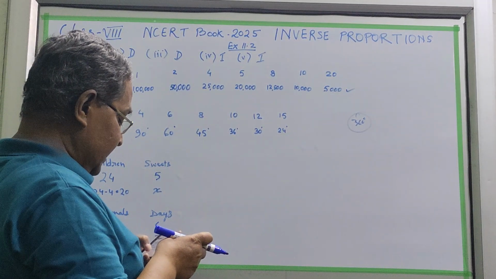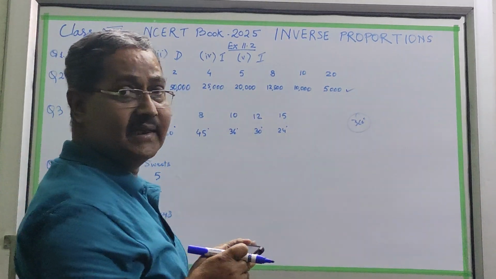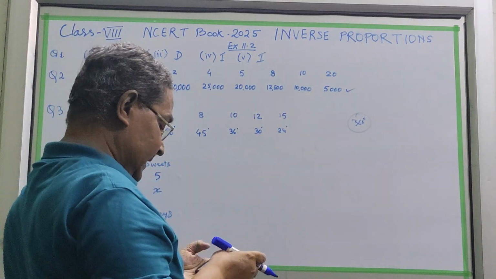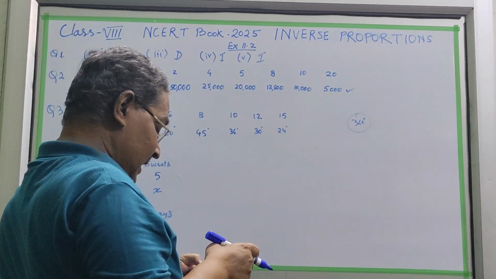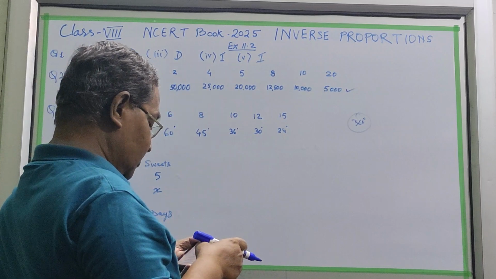The degree of each spoke will be 36. Now if 12 spokes are there, then 360 will be divided by 12 and it will come to 30 degrees.